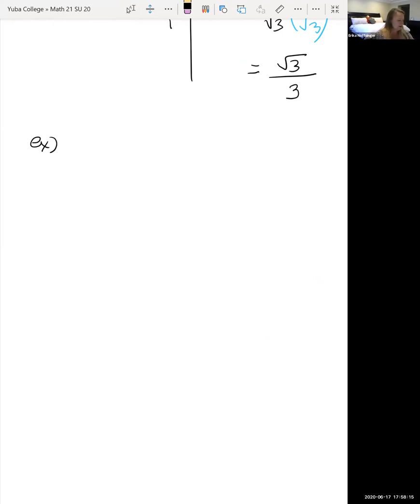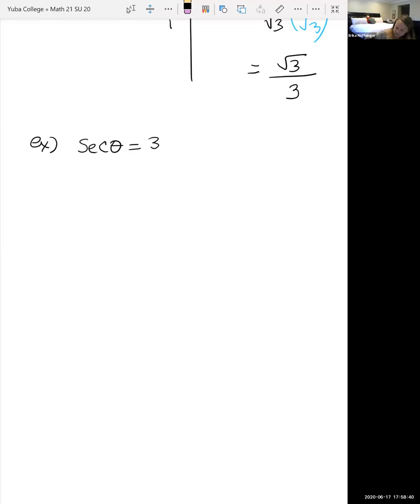Okay, so this time you're given a trig function. So let's say you were given that secant theta is equal to 3. So use the definition or identities to find the exact value of the remaining 5 trigonometric functions of the angle theta.